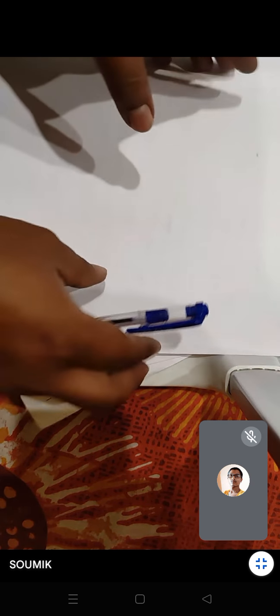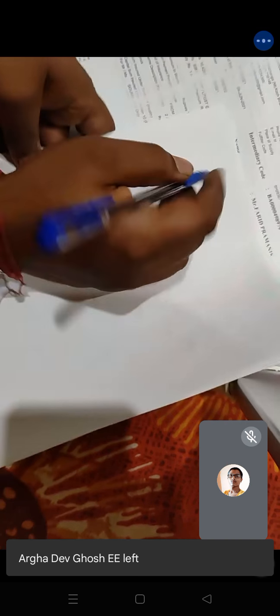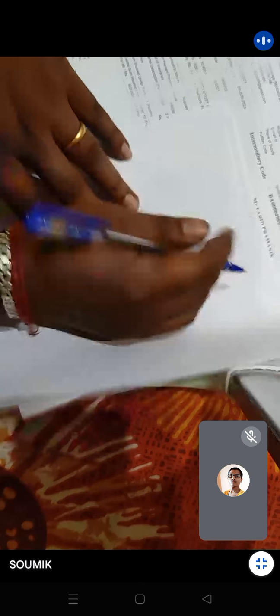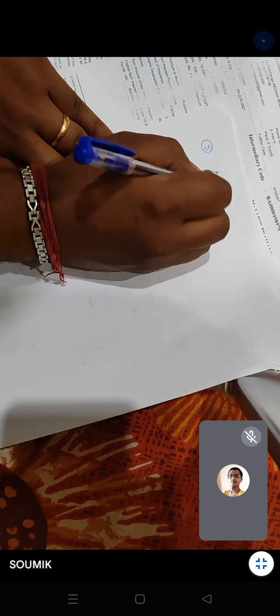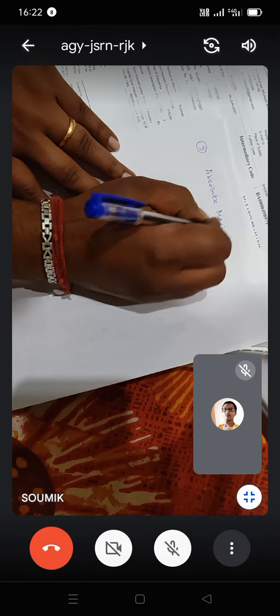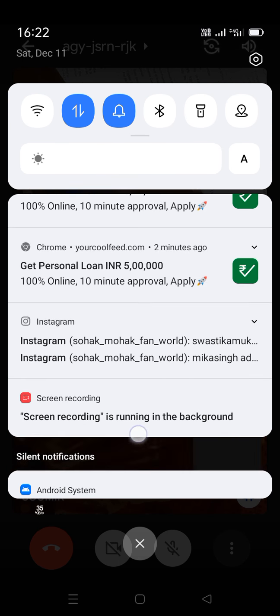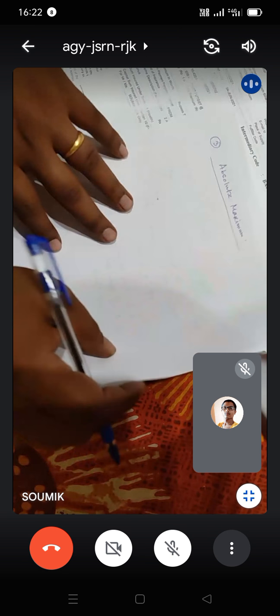Next, now there is a question: what is the definition of absolute maximum? So now we are going to the definition of absolute maximum.